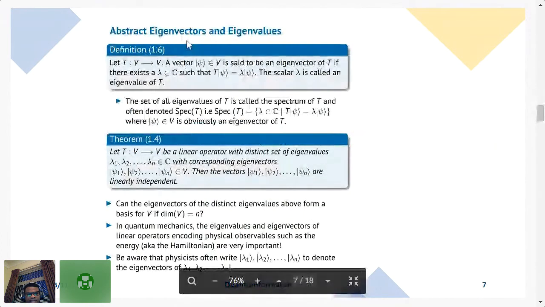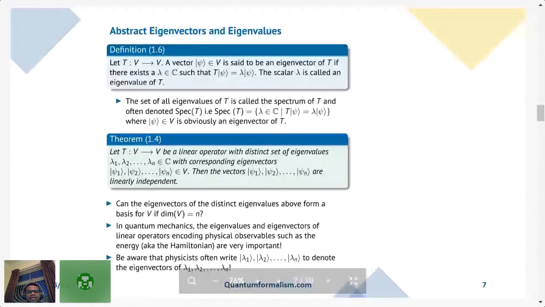Another thing we went through is the abstract concept of eigenvalues and eigenvectors. The reason we did that is to prepare you, to put in your mind that even though in most cases, like in basic intro to quantum mechanics or even in quantum computing, you mostly get exposed to these concepts through matrices, these concepts are very abstract.